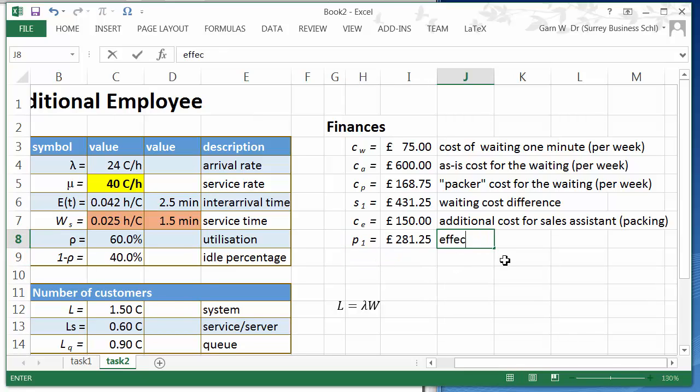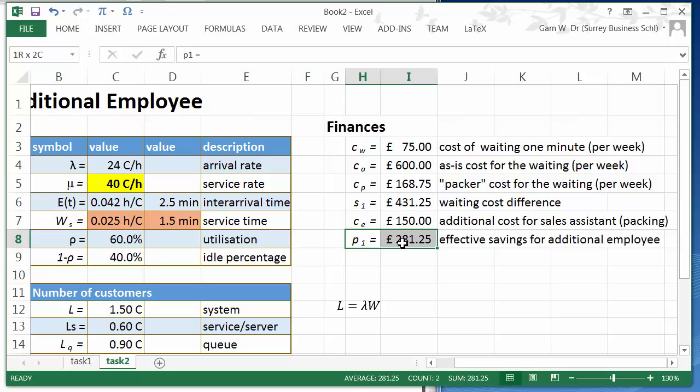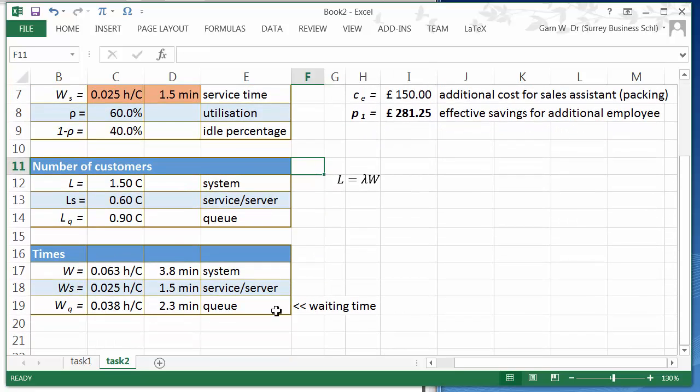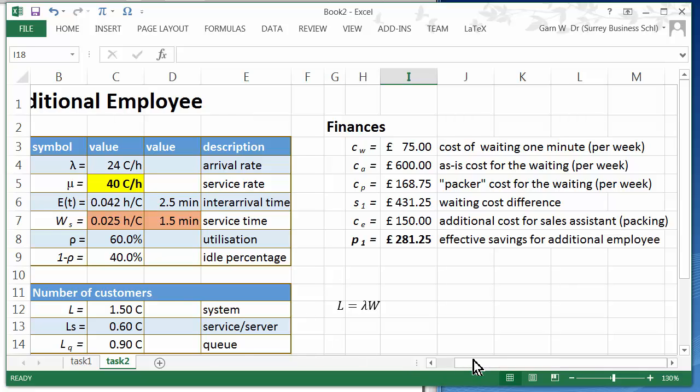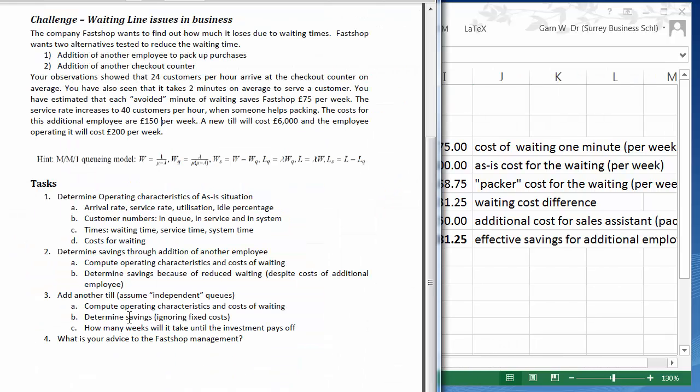So effective savings for additional employee. So it does definitely pay off to have the additional employee, despite the 150 pounds which I have to pay, but that is outweighed by the reduced waiting time very much. So that just completes our task 2.